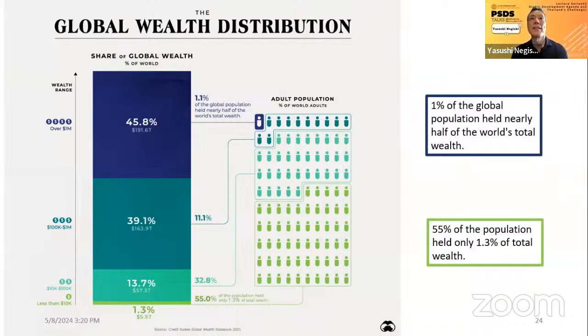This slide is the so-called global wealth distribution. This is a report produced by the Swiss bank called Credit Suisse.